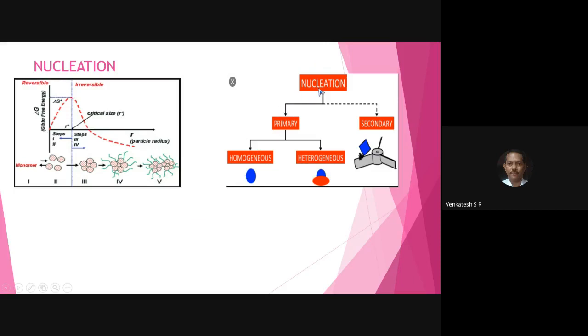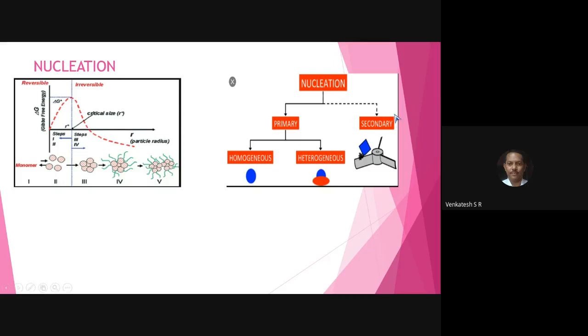See, all of you observe here, nucleation is classified into two: primary nucleation and secondary nucleation. Usually, in all practical solidification processes, we observe only homogeneous and heterogeneous. The secondary type of nucleation will not be observed, because it takes place with non-metal and metal, or some PVC material, or crystal structures different from each other.